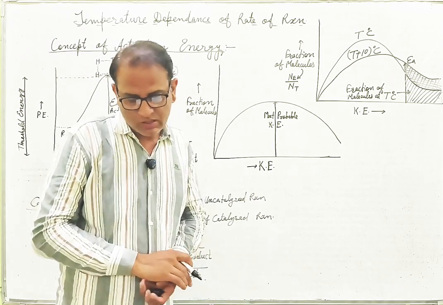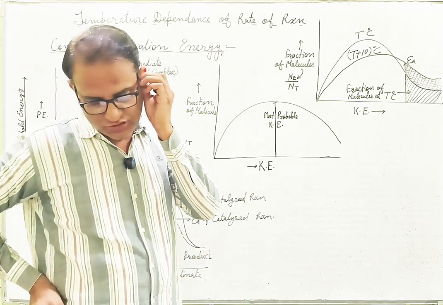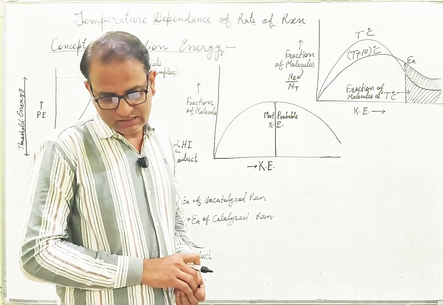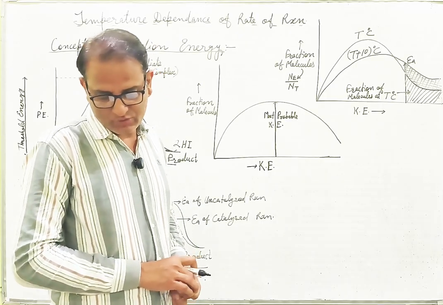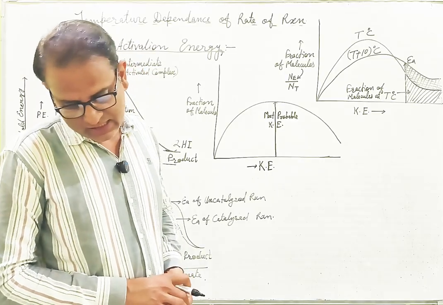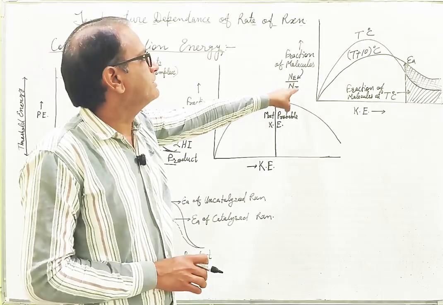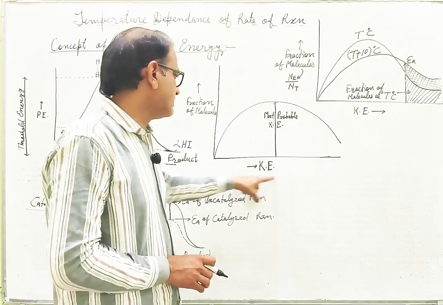So according to Boltzmann Maxwell, the distribution of kinetic energy may be described by plotting the fraction of molecules, that is Ne upon Nt, with a given kinetic energy.